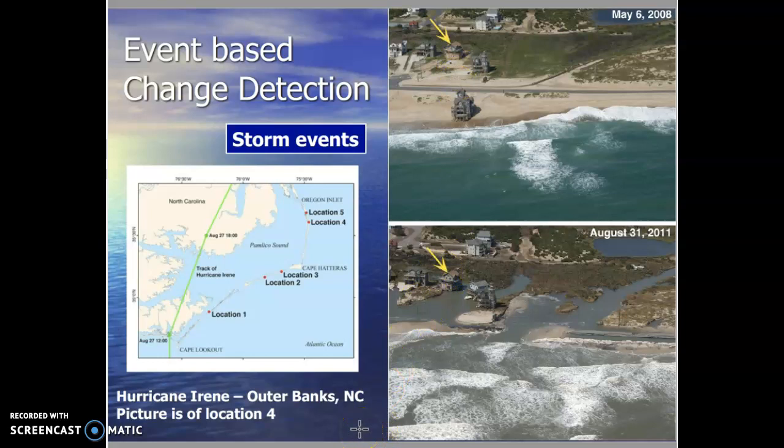And this was after Hurricane Irene moved through the area. So really, to complete this project, you'd also want to look at a more recent photo to see how it's recovered. Irene was in 2011. I think it was the weekend before Labor Day weekend.